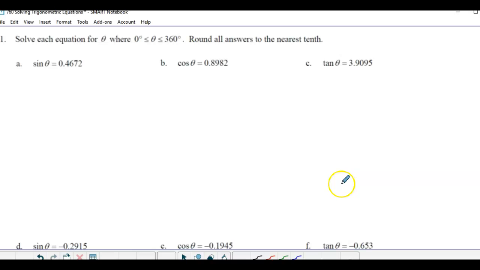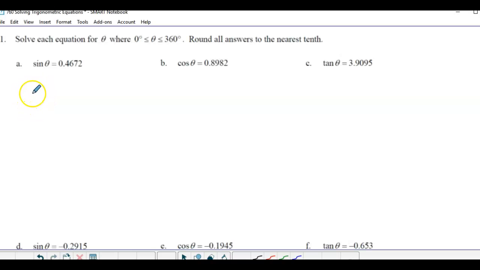So it says solve each equation for theta, round all answers to the nearest tenth. Now that we've learned about this, and it says between 0 and 360, that's when we have to think about it. This is kind of like the ambiguous case when we're dealing with sine law and finding an angle. We always have to look for two of them.